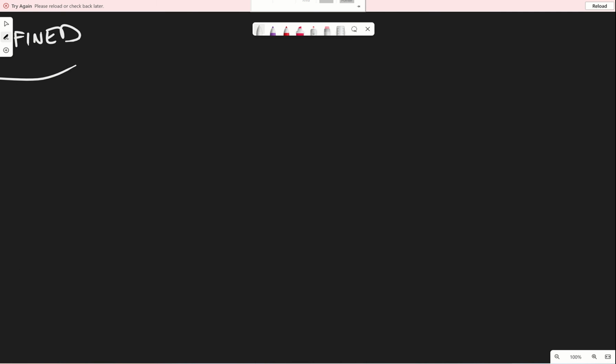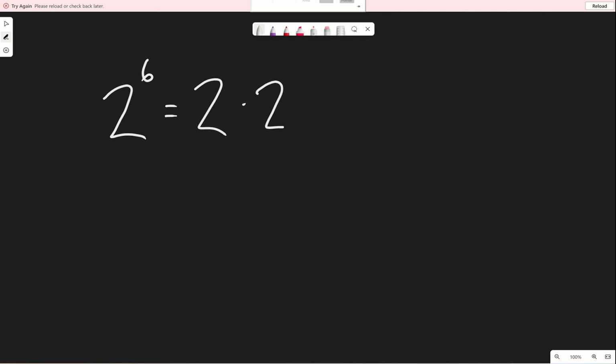How would I write this as a multiplication problem? Well, I'm multiplying 2 times itself 6 times. 1, 2, 3, 4, 5, 6.